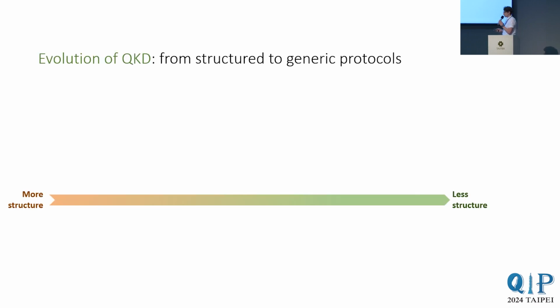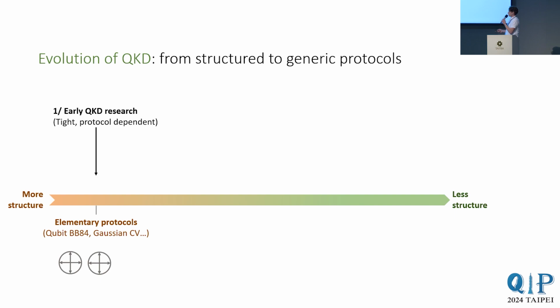So to understand why we want a general security proof, we must go back to the history of QKD. That has been thought of as going from very structured protocols to protocols with less structure. The initial security proofs of QKD tended to focus on these very simplified QKD protocols, the ones that we learn at school, BB84, Gaussian modulated CV-QKD.